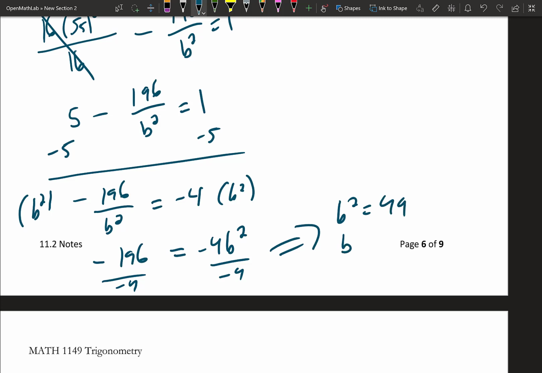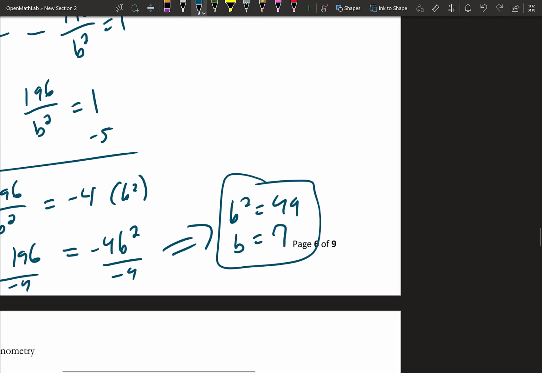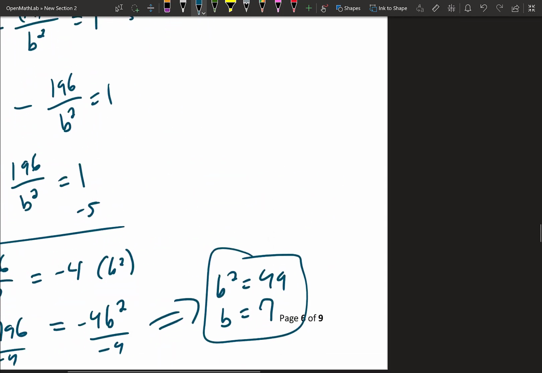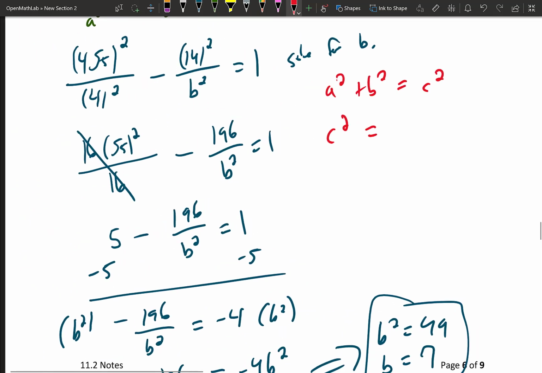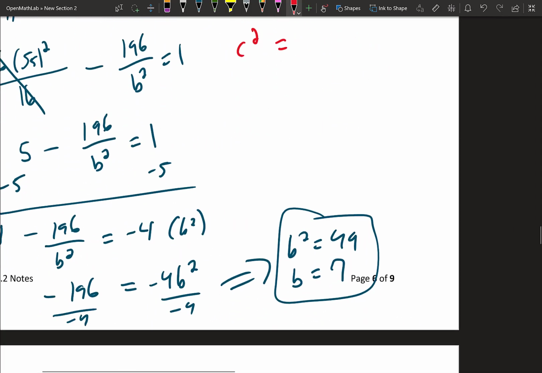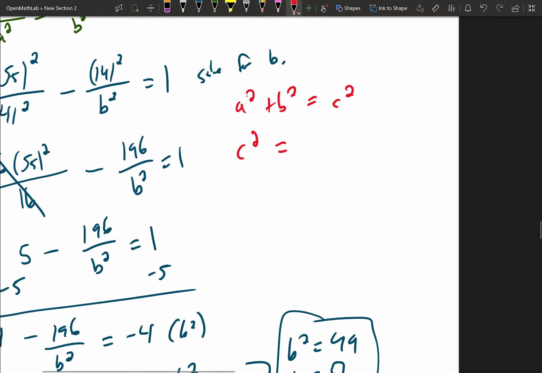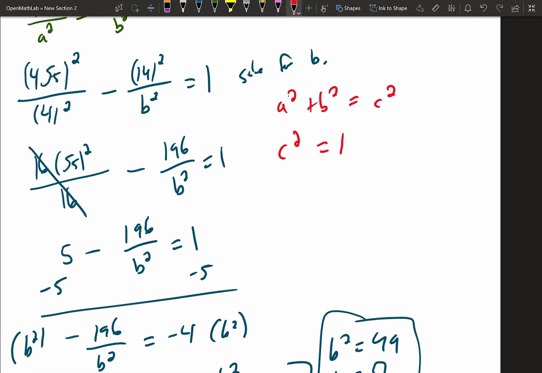So that gives me that b then would be equal to 7. So we were after those values. So now I can finally solve for c like I was after. So remember that a squared plus b squared is equal to c squared. So c squared would be equal to, so a squared would be, wait, no, 4 squared. It would be 16. A squared was 16, from here.